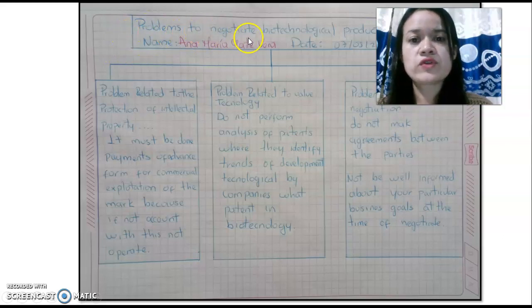The problems of negotiating biotechnological products.